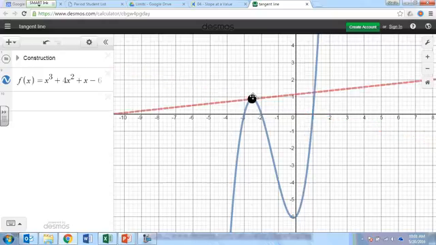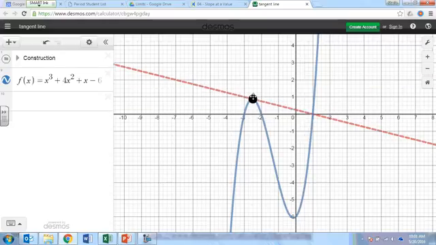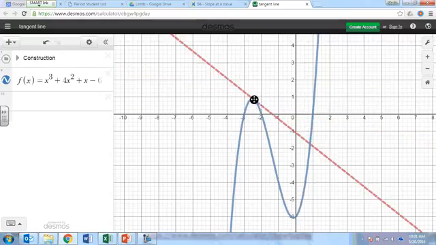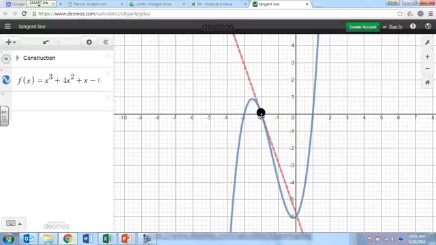Okay. Kind of reminds you of the guy on the tightrope or the high wire at the circus, right? But now what's happened to our slope? It's become negative. Okay. So could we find the slope of the line at those particular points? Could we estimate it? Yeah. And that's kind of the idea behind this.